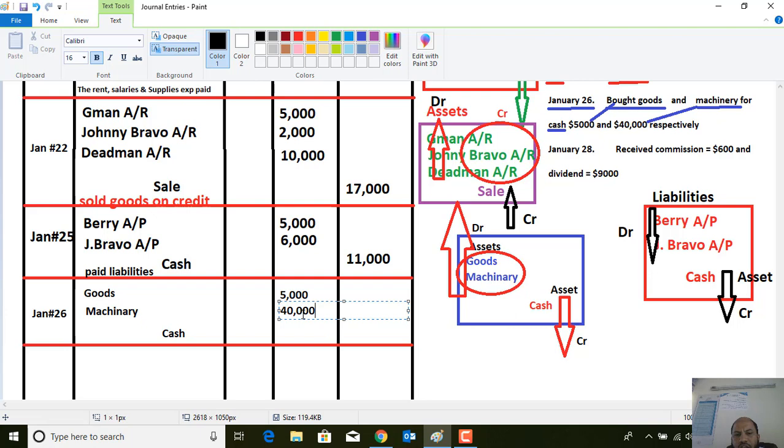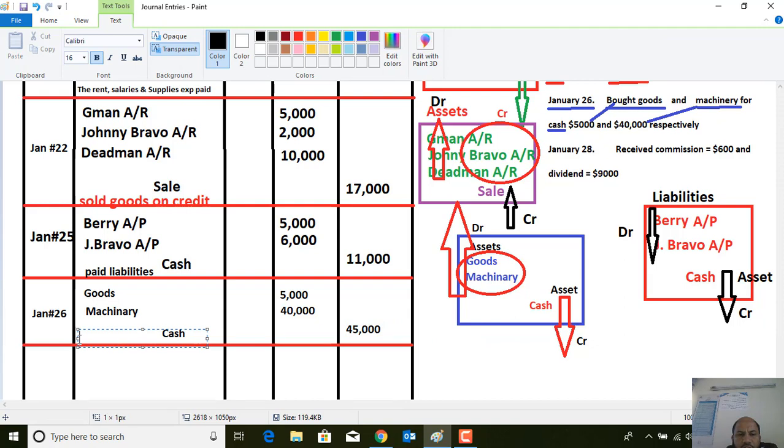So when we add both of these, machinery and goods, the total sum of these accounts is equal to $45,000.